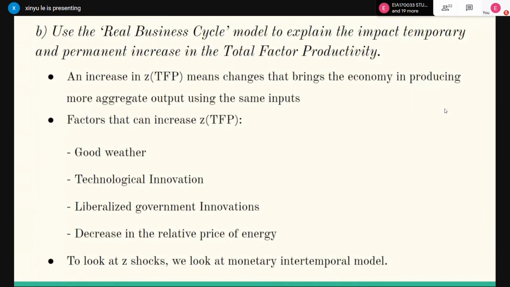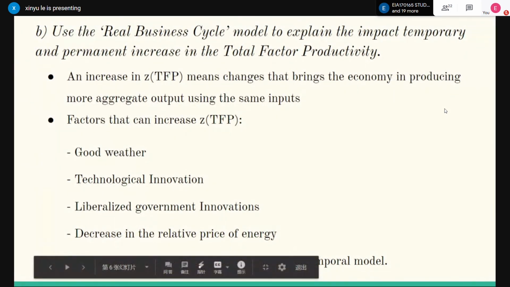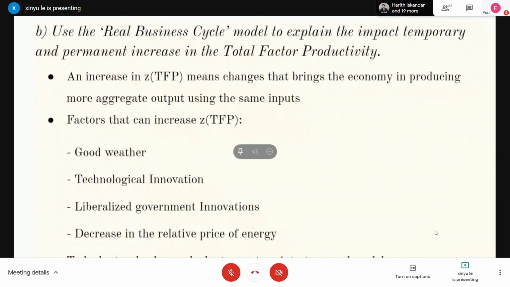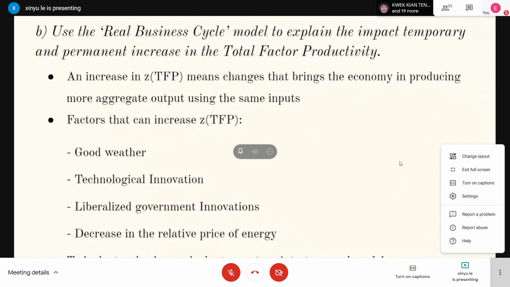Whether you have technological innovation, government innovation, or a decrease in energy prices, how about coronavirus?